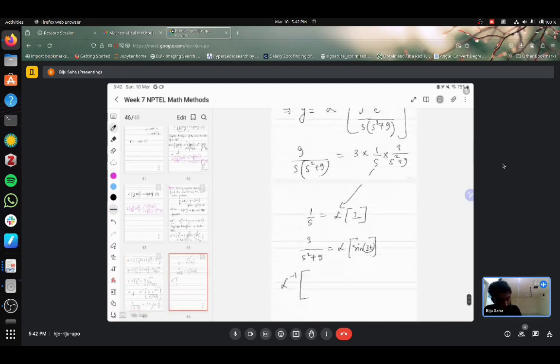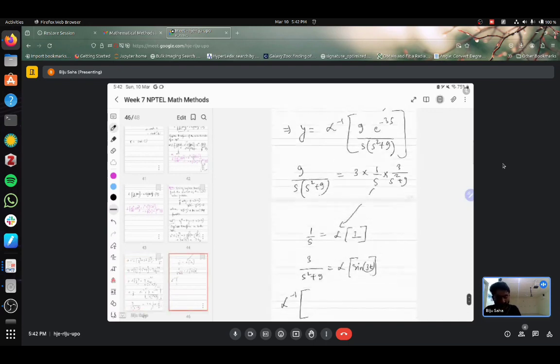For a moment you can ignore the exponential, because the exponential is coming because of the shift in the function, so that you can deal with later.